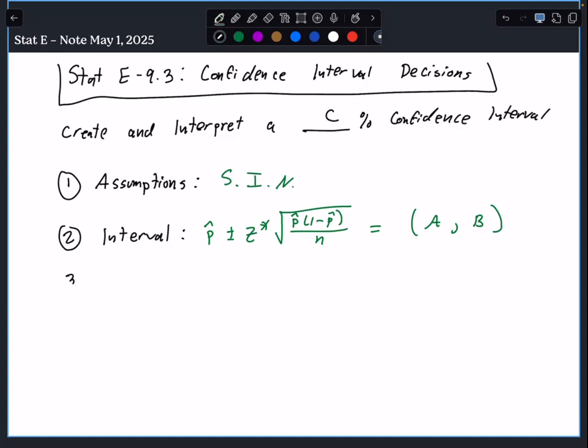Then step 3, we are going to interpret the interval. And this is when we write down we are blank percent confident. That's where we write that sentence. Remember, you should look and make sure you're talking about the correct population.